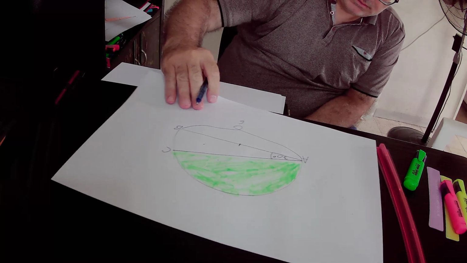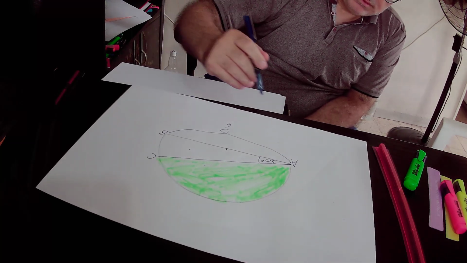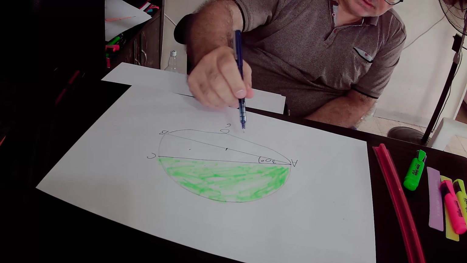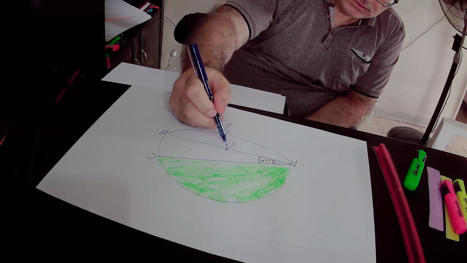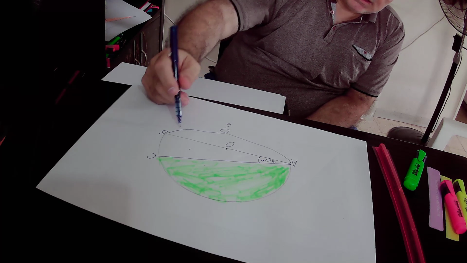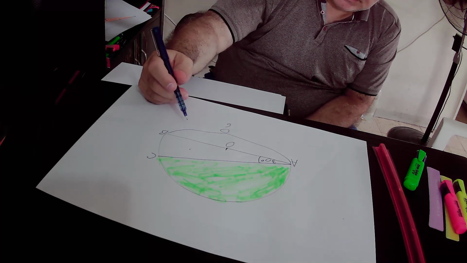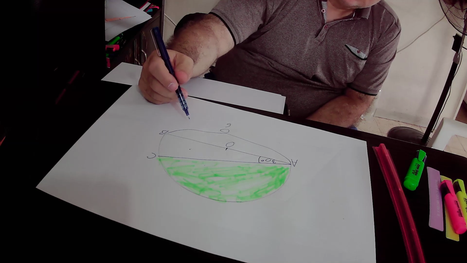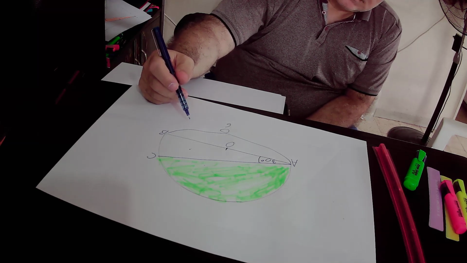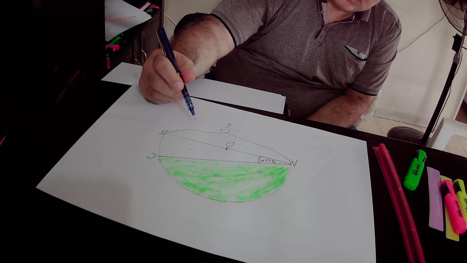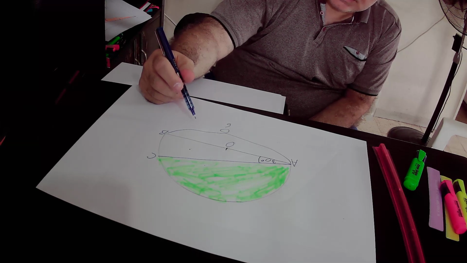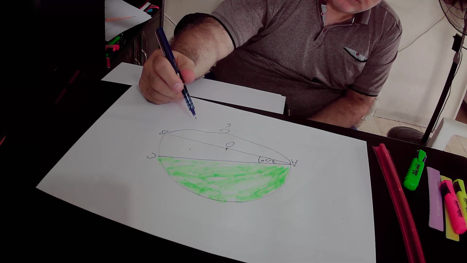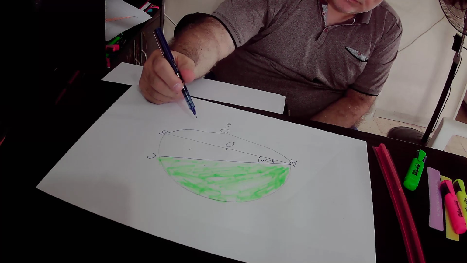And here we define the center of the semicircle as O. We know that the diameter AB equals 6 units, and the radius is half the diameter. So if the diameter is 6 units, it means that the radius must be equal to half of it, that is 6 over 2 is 3.